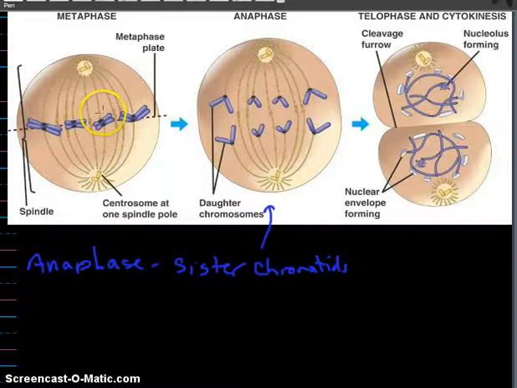The reason they call them sister chromatids is because when the DNA is replicated, they make identical chromatids which look alike. That's why they call them sister chromatids. So these sister chromatids split, and we call this process disjunction.